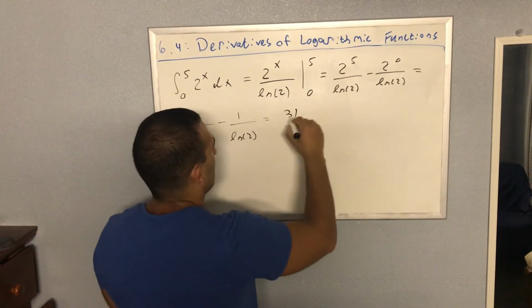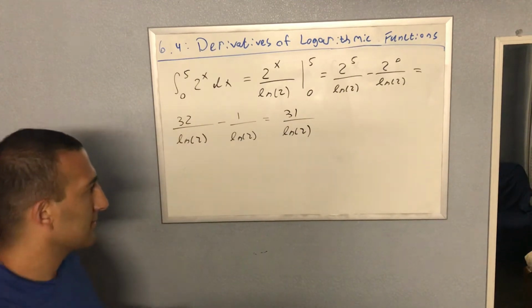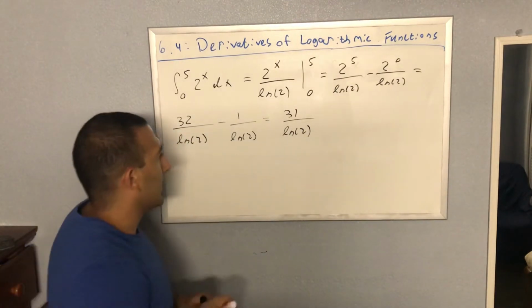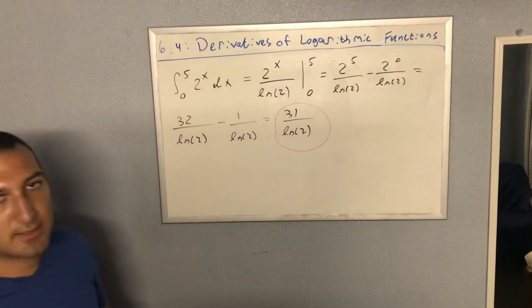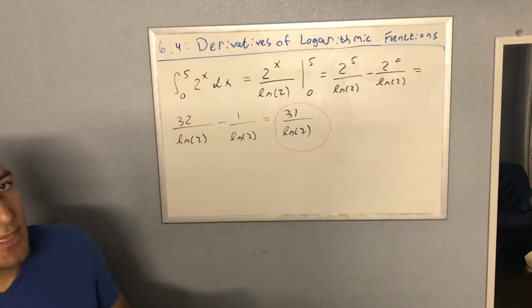So you get 31 over ln of 2. And that's it. Not too bad. Final answer. Hopefully that helps solidify what I mean by using something other than e as the base.